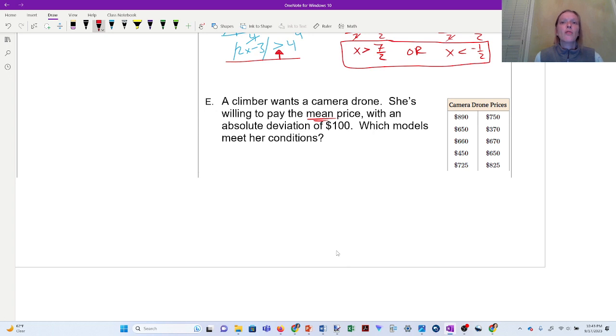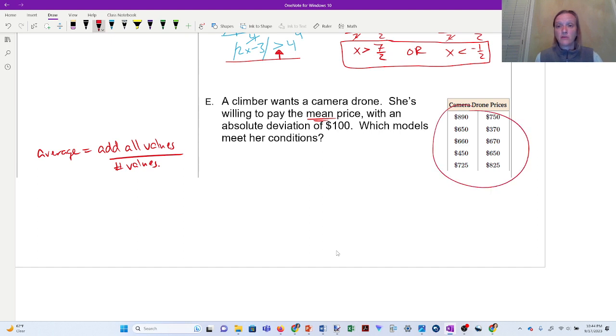Remember, to calculate the average, you add up all the values and then divide by the number of values that you added up. So in this example, to figure out the average price, we need to add up all of those values, 890, 650, 660, 450, 725, etc., and then divide by 1, 2, 3, 4, 5, 6, 7, 8, 9, 10.